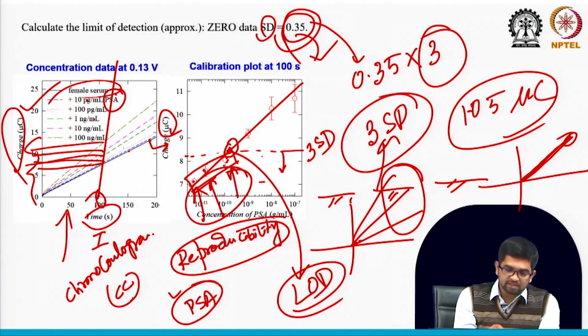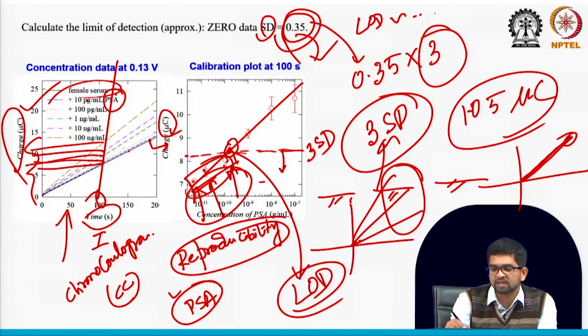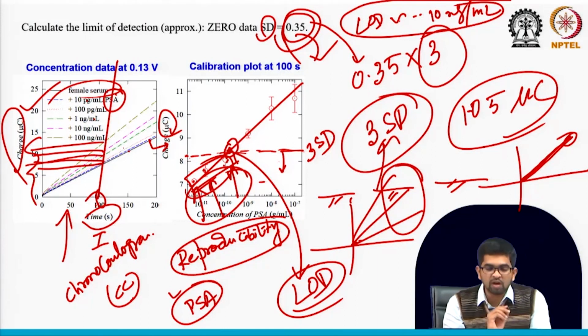See, in this case, if your 3 times standard deviation comes here and all the concentrations are below it, then your detection limit is around nanogram per ml, something like 10 nanogram per ml. So your sensor will not be considered ultra sensitive.